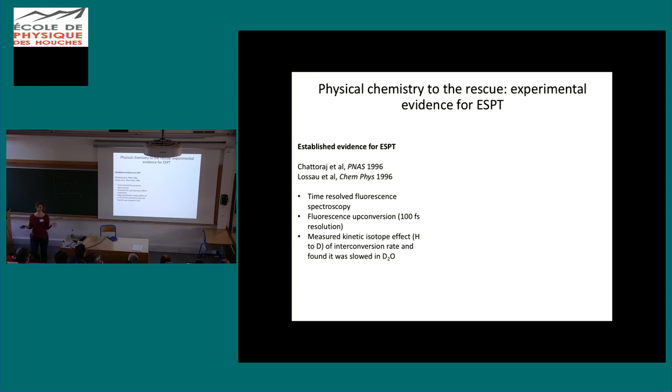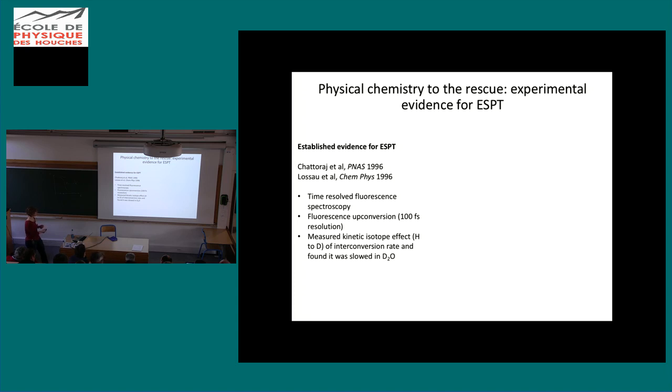How do they know it's proton transfer? They did the measurements in H2O and they did them in a deuterated solvent. So D2O, the deuterated solvent, a D is heavier than an H and typically gives rise to a kinetic isotope effect. So if something happens slower in D2O, that suggests that there's an exchangeable proton involved in the process.